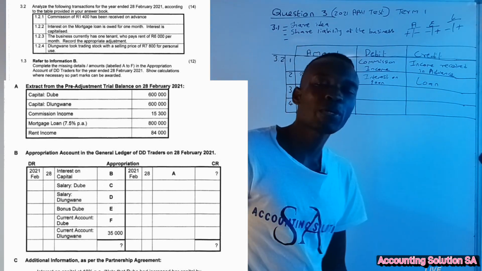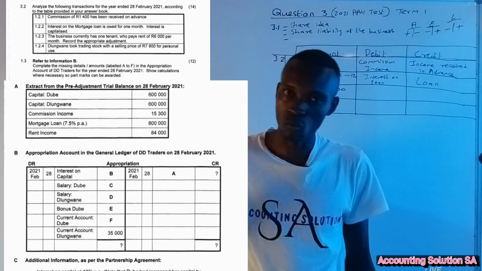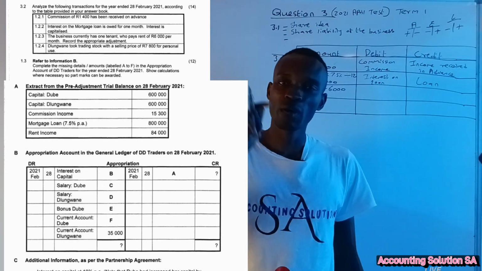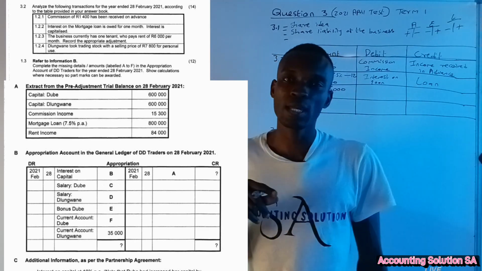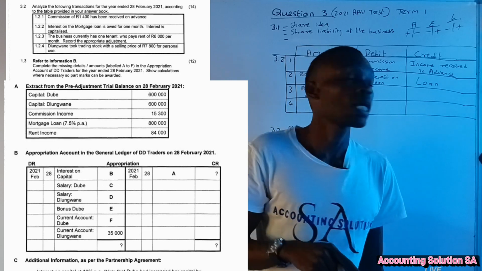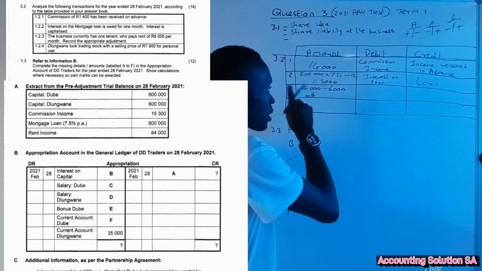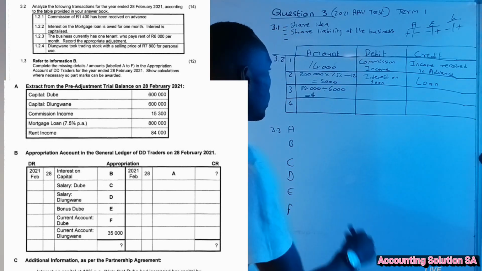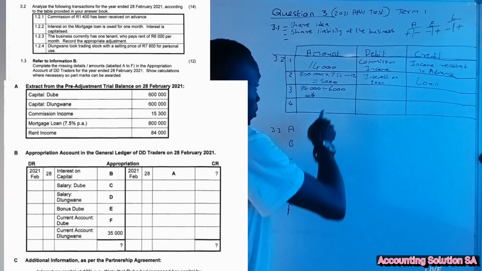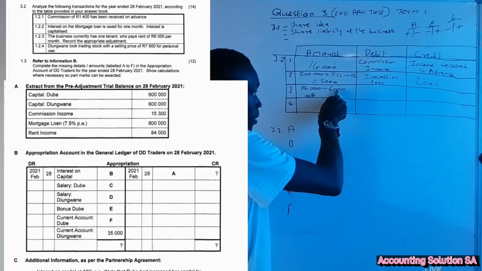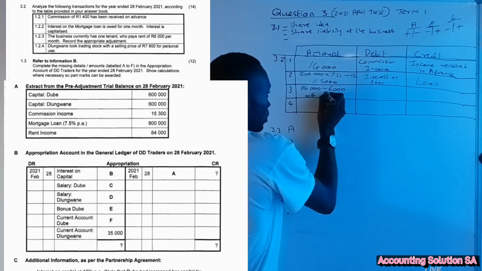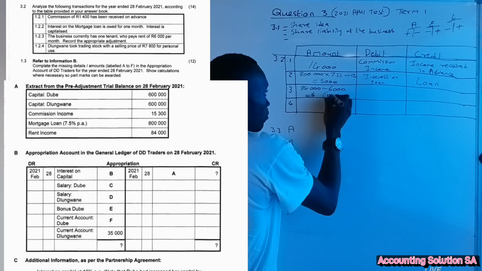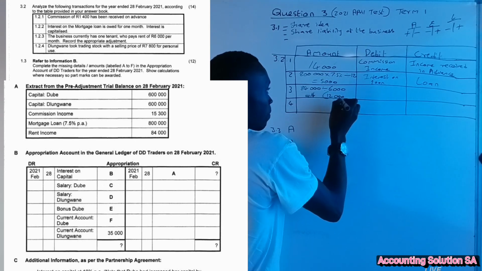Is it appropriate to record 14 months? No. In accounting, we have to make sure that we record only 12 months, because in a year we only have 12 months, which means that another 2 months must be subtracted. 2 months must give us how much? 6,000 multiplied by 2 is going to give us 12,000 of 2 months, which means that the amount here will be 12,000.